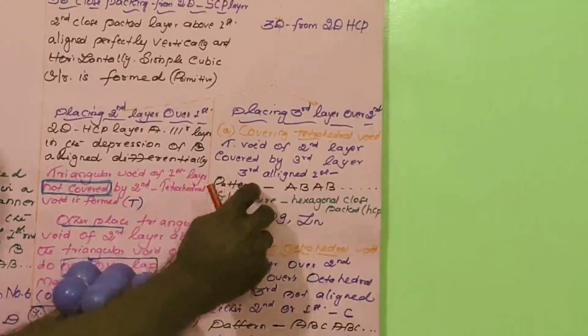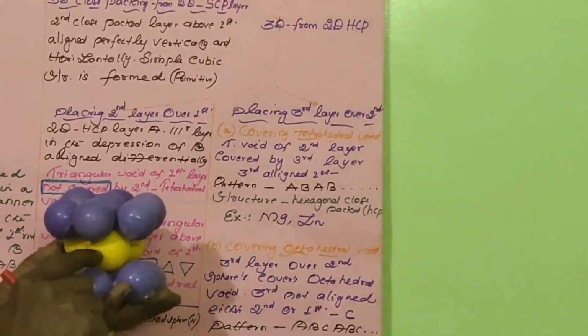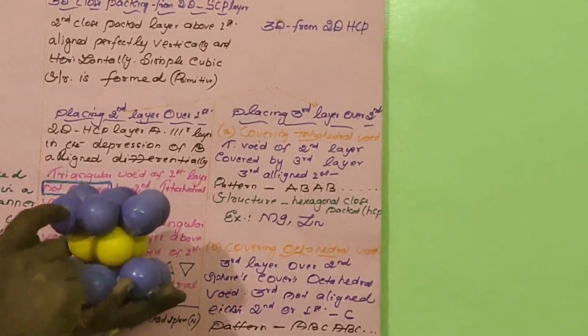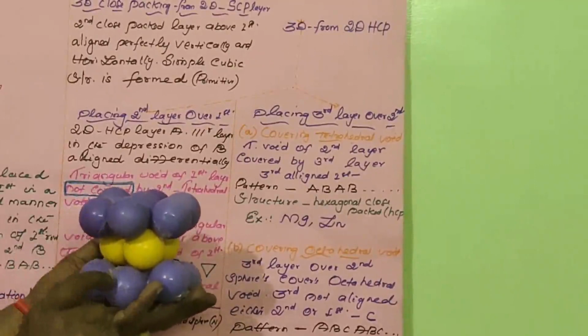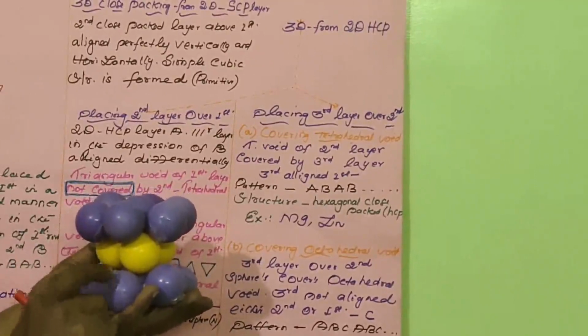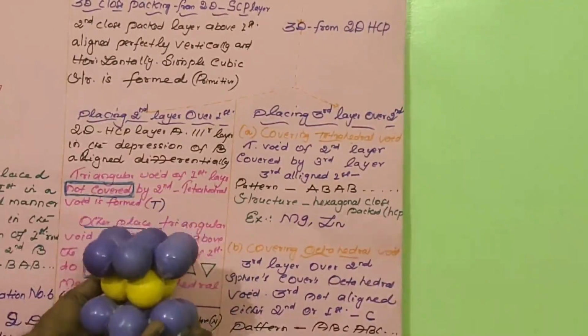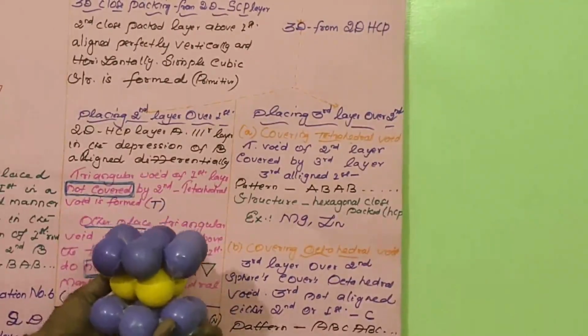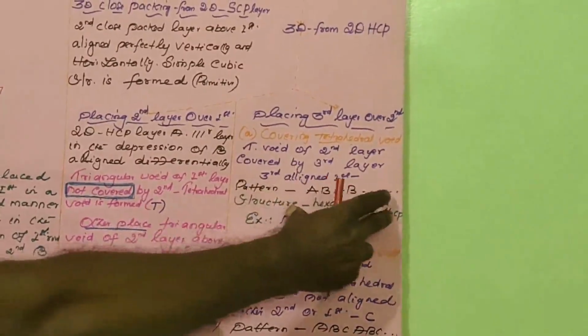So here the pattern is A, B, A. That is, first layer and third layer are similar. The pattern is A, B, A. This type of structure is known as hexagonal close packed structure, HCP. That is 3 dimension. This is very important.